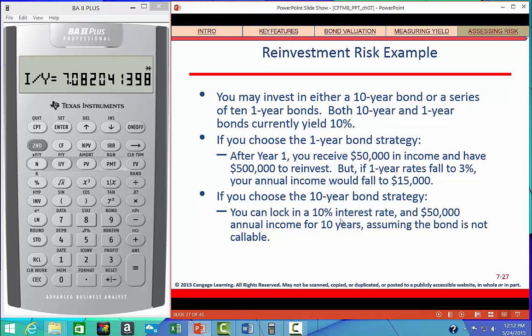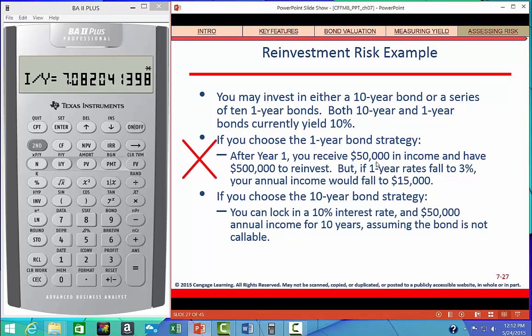Here are two options you could do. You could invest in a 10-year bond or ten 1-year bonds. Let's say that right now both 10-year and 1-year bonds have interest rates of 10% that you could make. If you invest in the 1-year bond, then you get 10% of $500,000, or $50,000. And that's pretty good.